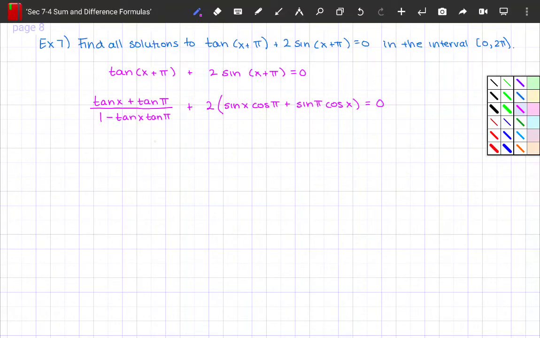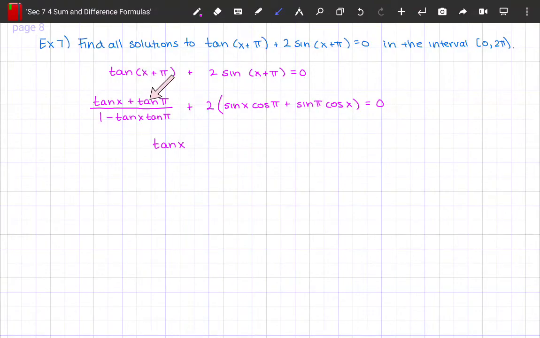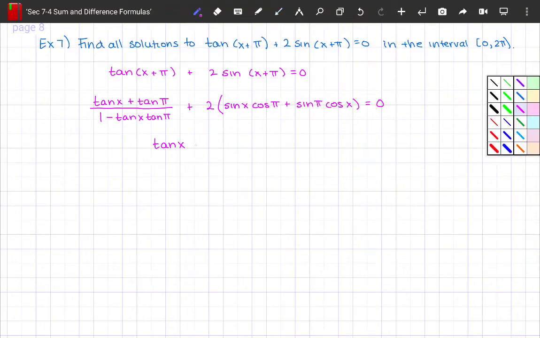So the first term just simplifies to tan x, because we have tan x plus 0 over 1 minus 0. Here, I'll actually write it all out so you can see it. So that first term, that's how I'm getting just a plain old tan x.